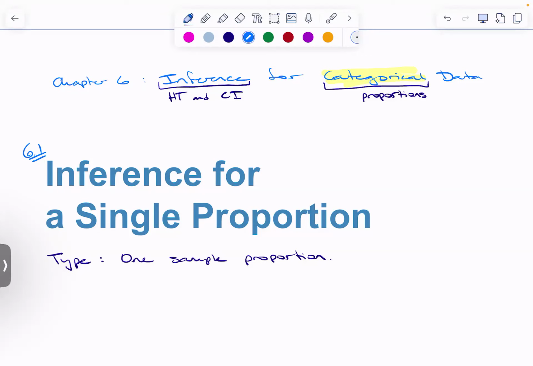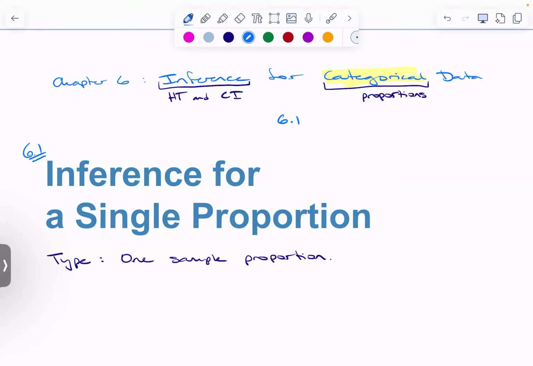And so what we're going to do as a roadmap in 6.1, we're going to do some examples of a one sample proportion type of question. And I know what you're thinking. Haven't we been doing that this whole time? We have, and we just get to do it again. Okay? I introduced one new-ish topic.